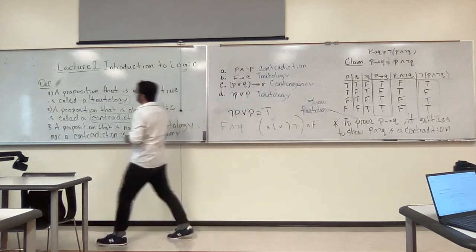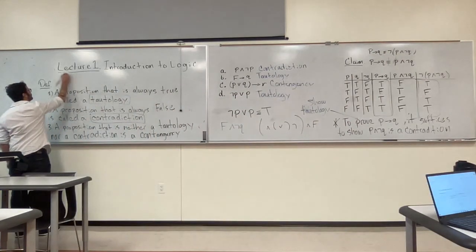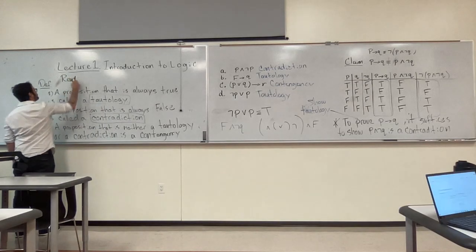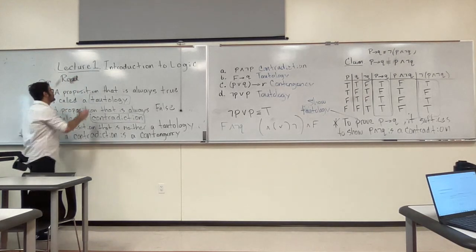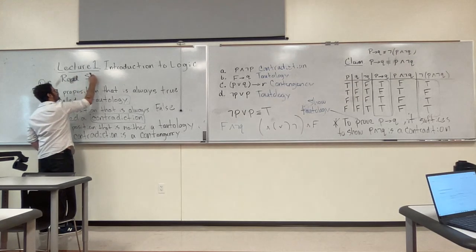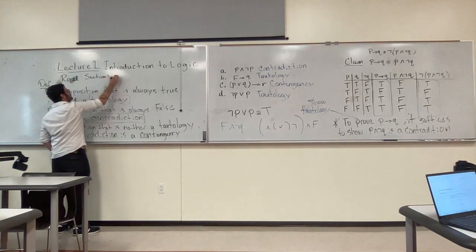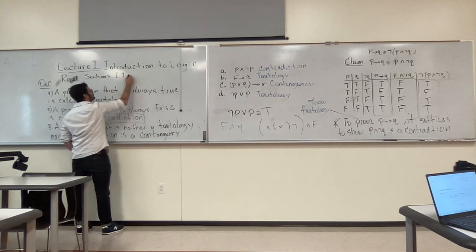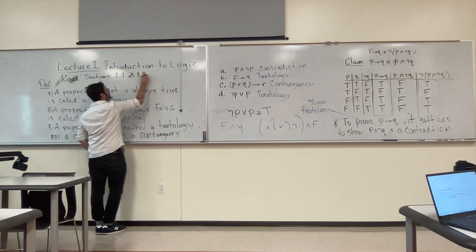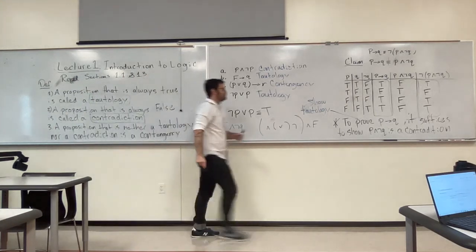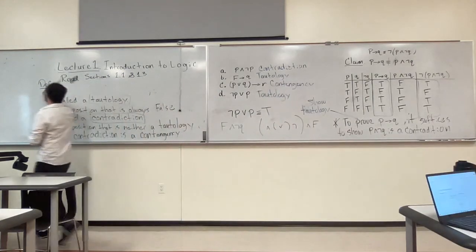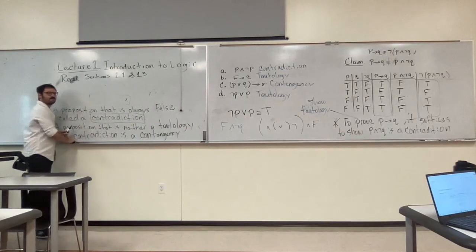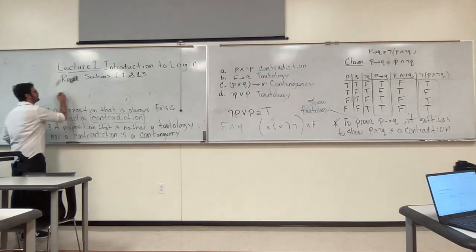As far as reading goes, I would say maybe read over sections 1.1 and 1.3 from whichever version of the Rosen textbook that I mentioned on the first day of class that you have access to, edition 7 or higher.